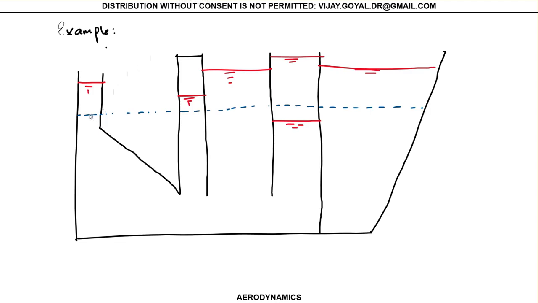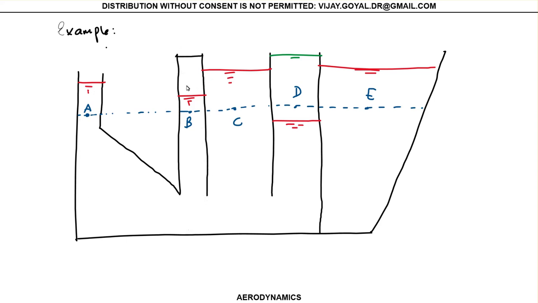Consider the following case. Let's suppose this is point A, point B, point C, point D, and point E. Now, I should point out that maybe this would be a different color. This is a different fluid here. The fluid is different in this section. All of this is exactly the same fluid.